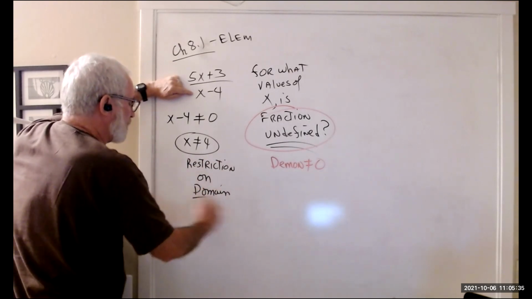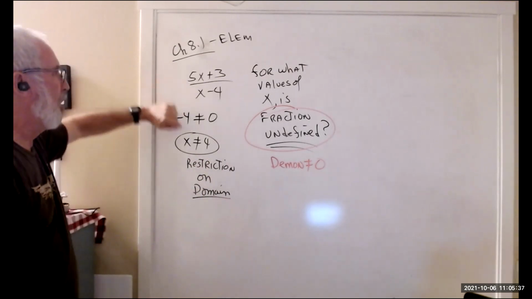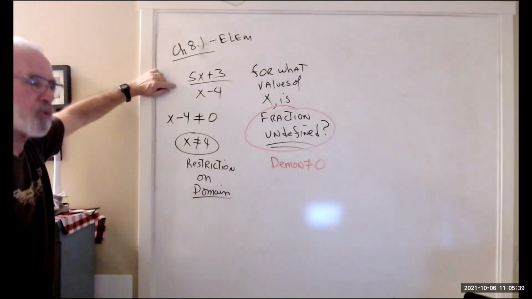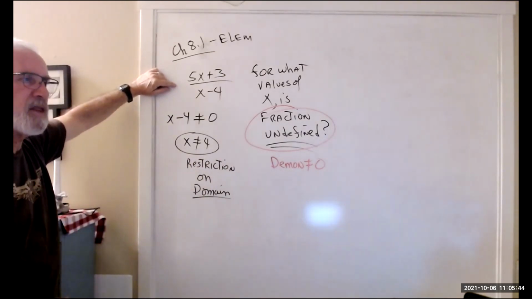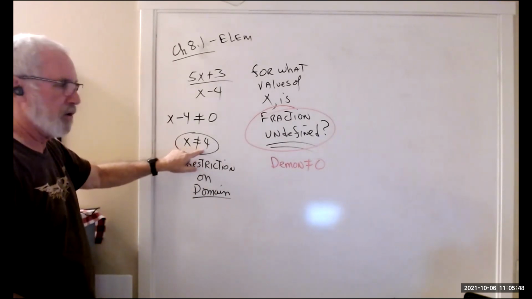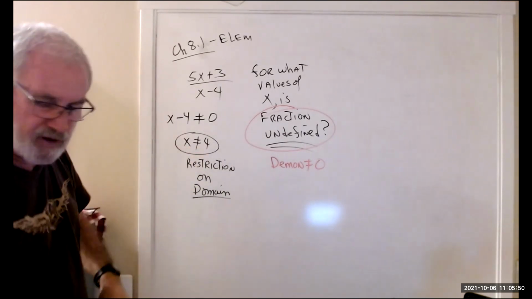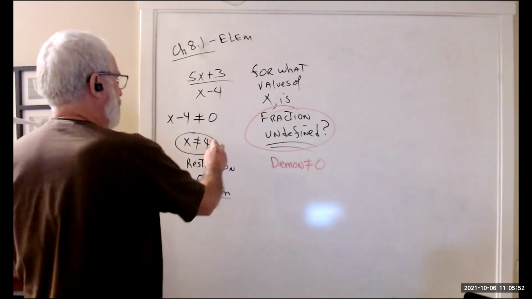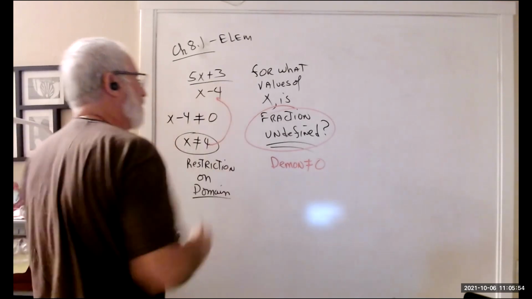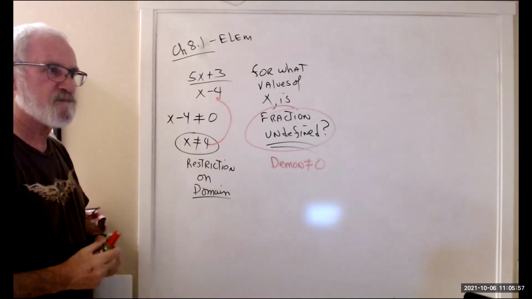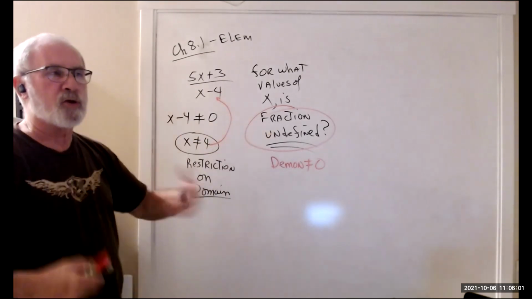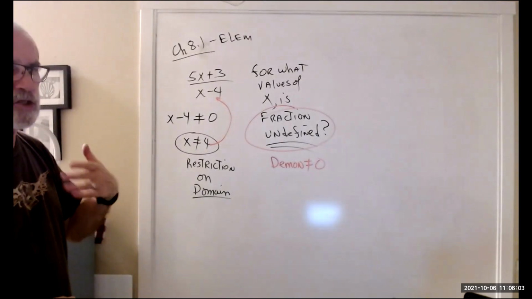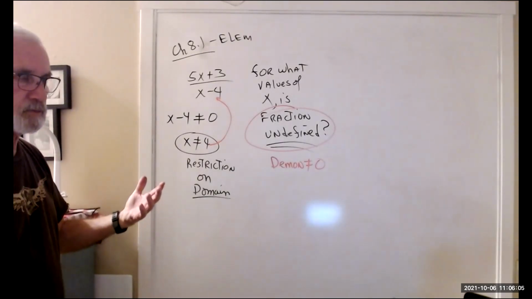Remember, domain is all possible x values. Well, for this problem, x can be everything in the universe, anything you want, except for 4. Because if x were 4, it would make that denominator 0, and that would make your fraction undefined. So you're literally finding what causes the problem to blow up.